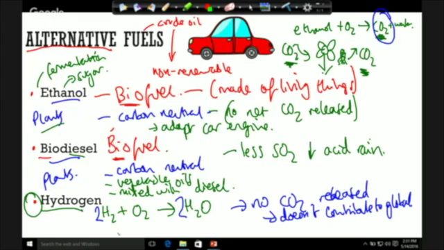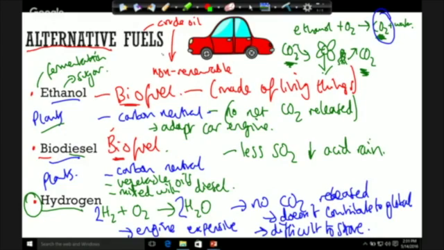But the problem with this is that the engines are really expensive because you have to adapt them to use hydrogen. And secondly, it's really difficult to store because it's so explosive. Hydrogen, that's the gas that's used in hydrogen bombs as well. It's really difficult to store.